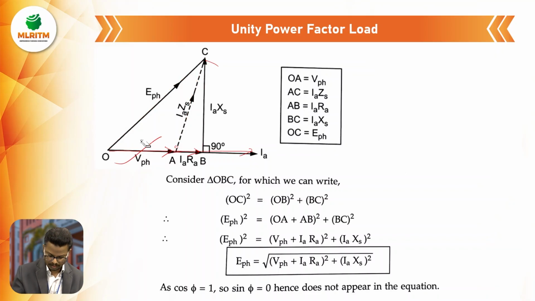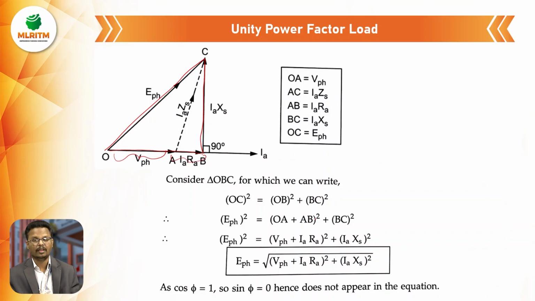Now here also we will derive the EMF equation. Consider the triangle OBC. From this OBC triangle, we apply the Pythagoras theorem. OC square is OB square plus BC square. OB can be written as OA plus AB.